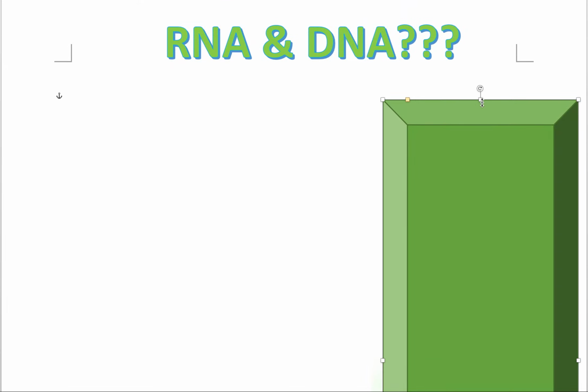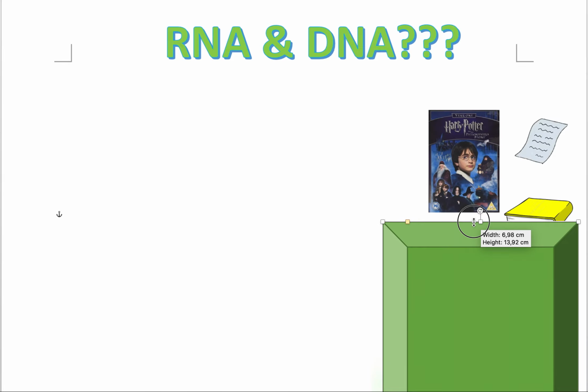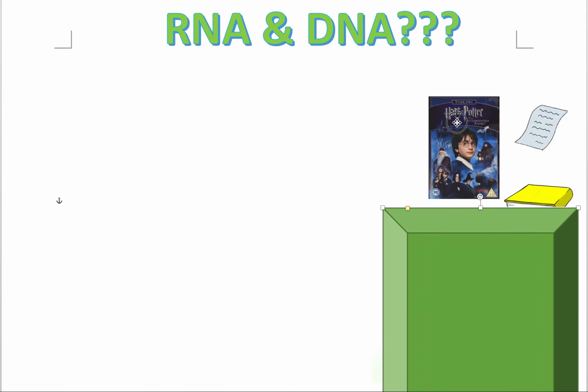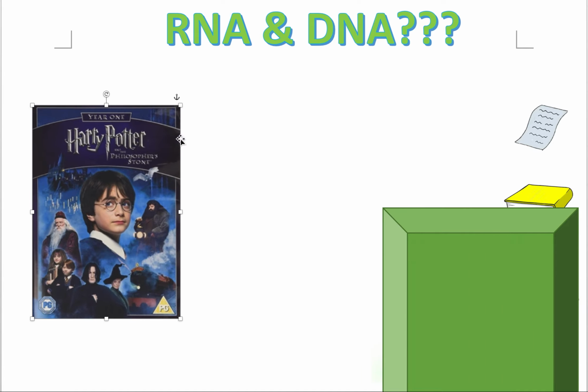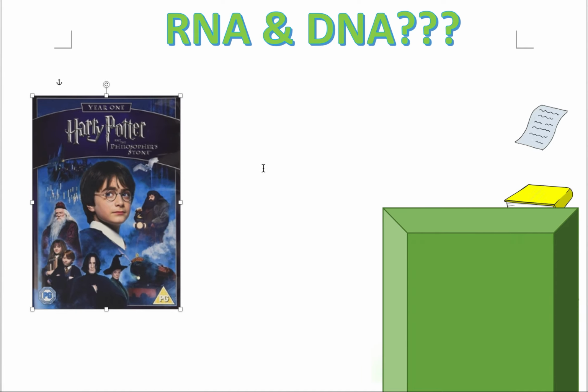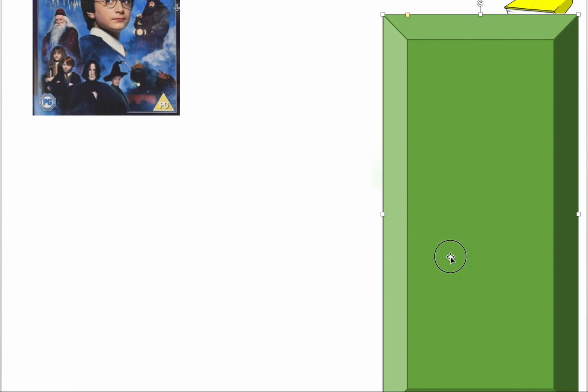Okay, so what is the difference between RNA and DNA? I already used this analogy, or this story, to explain this in the RNA video, but I'm just going to do it again so you understand.